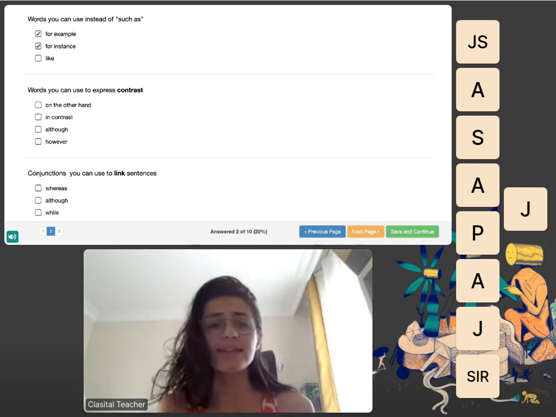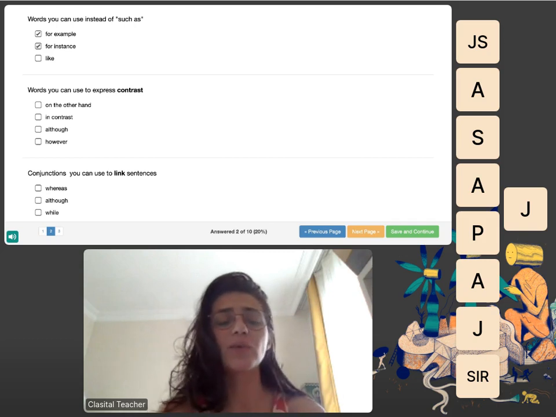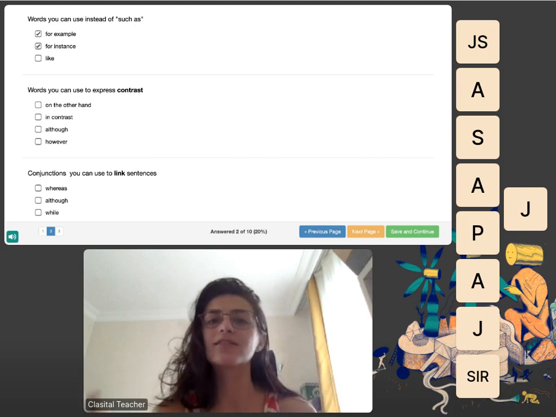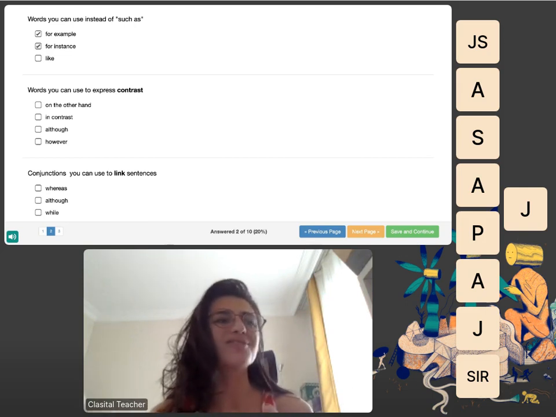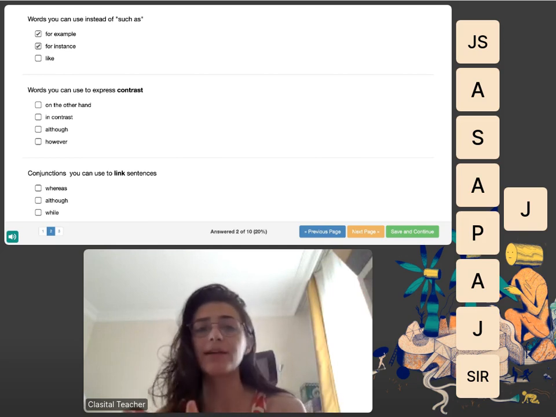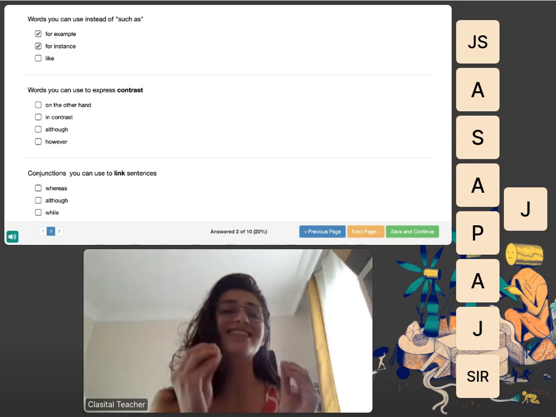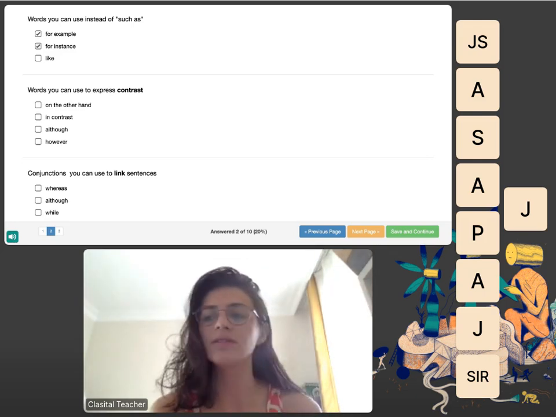Yes, likely cannot be used in the same way as this one, but if you use it in a different grammatical structure, then yes, you can use likely too. But likely also means something is likely to happen. So it doesn't give the same meaning as these three as examples.